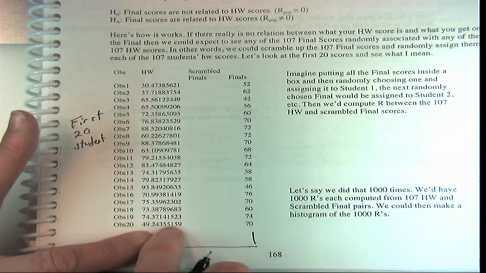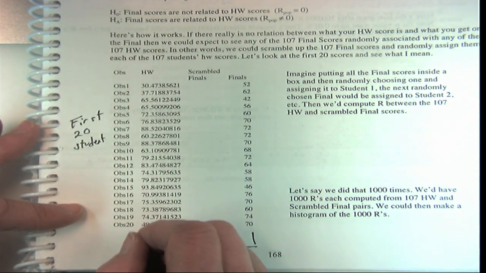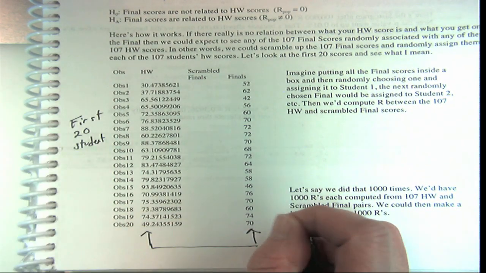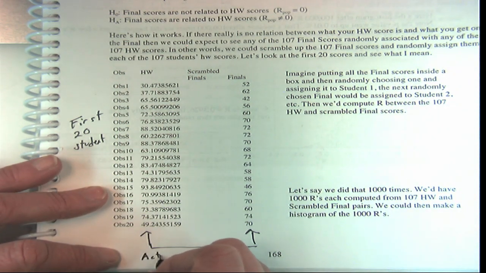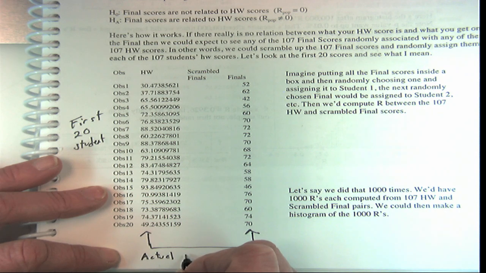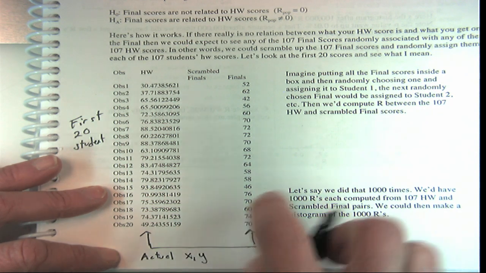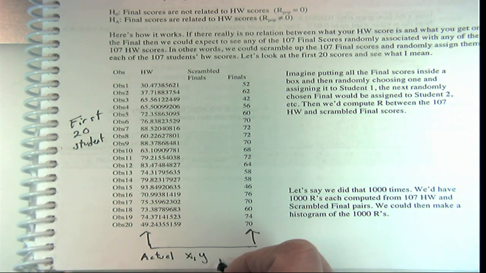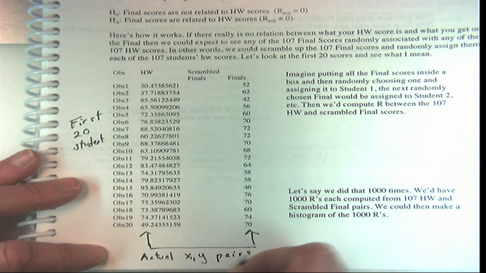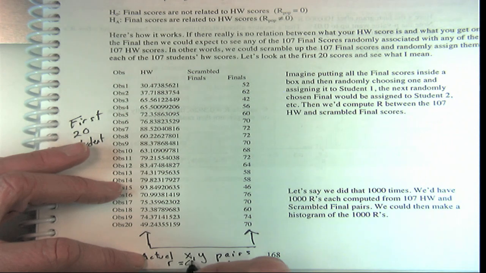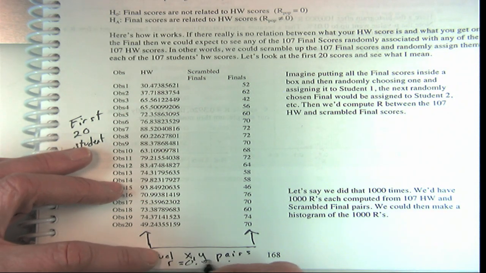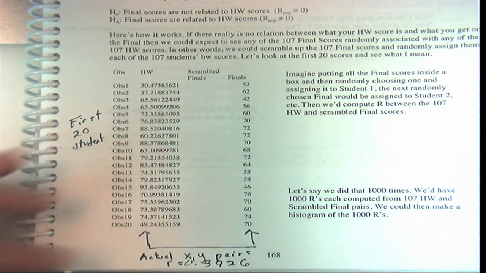Each student, that's his homework, and that's his final. These are the actual homework-final X, Y pairs. And from this, we got an R equal to 0.3926. That's what we got.